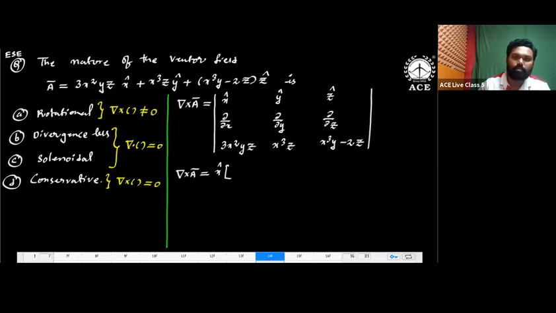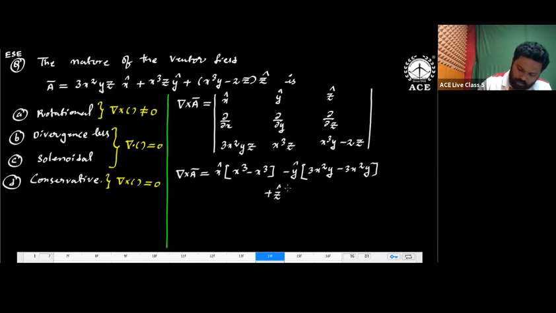Here it is x cube minus x cube, minus y cap into this minus this into this, which is 3x square y minus 3x square y, plus z cap into this minus this into this, which is 3x square z minus 3x square z.